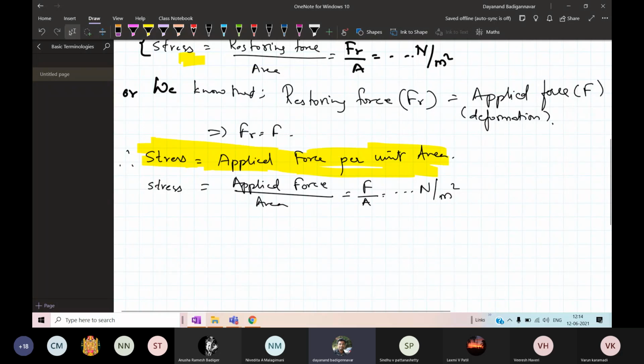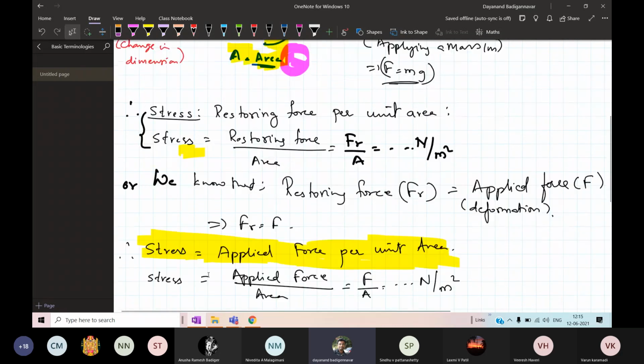This is known as the stress. There are different types of stresses like compressive stress, tensile stress, longitudinal stress, and similarly tangential stress and normal stress. As we go on, we'll study them one by one. Hope the meaning of stress is clear.